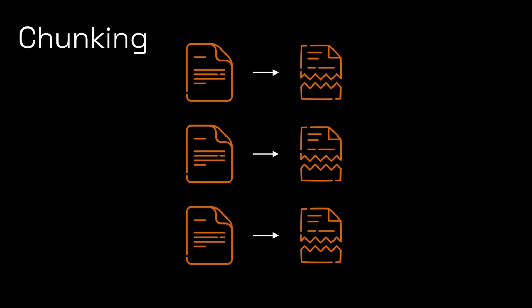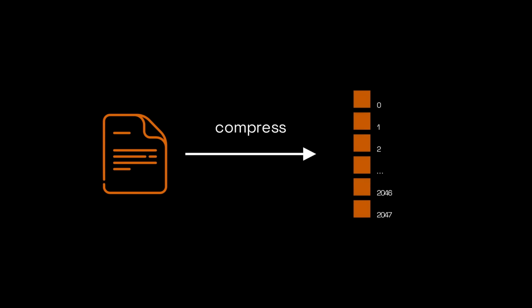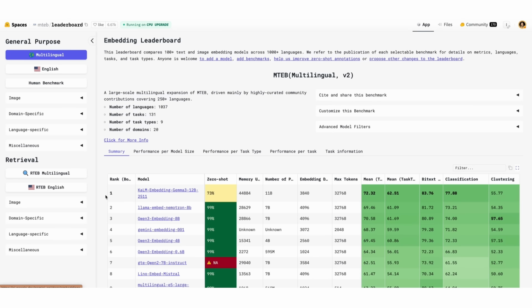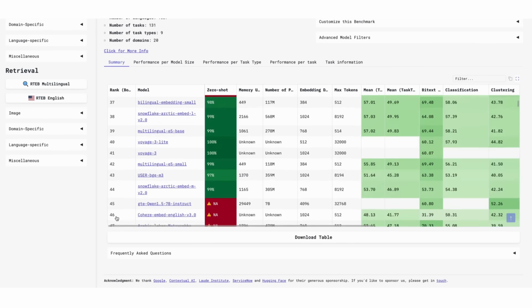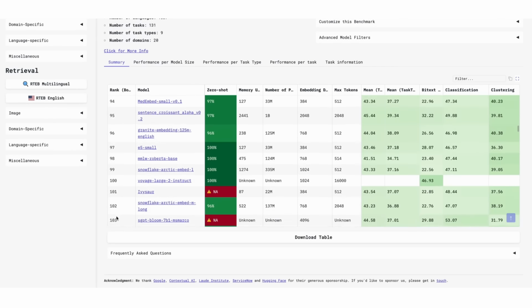How do we split long documents into chunks that the model can handle well? This is necessary because embeddings are a form of compression, and projecting files with 50,000 lines of code into a couple thousand numeric values will lead to serious information loss. Then comes model choice. Out of the dozens of embedding models available, which one best fits your use case?